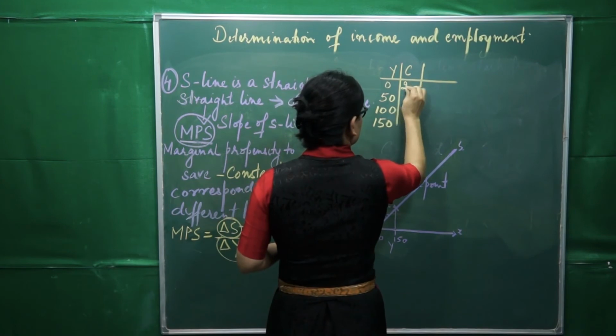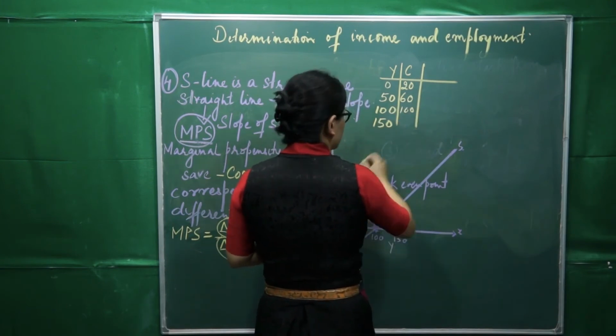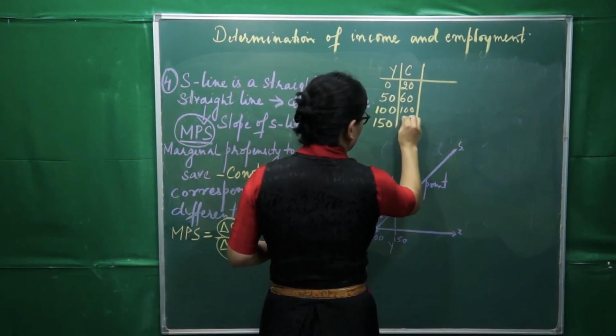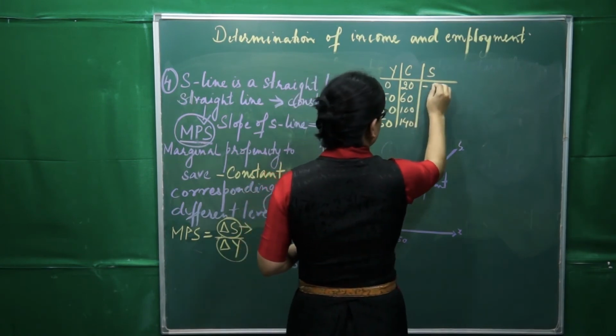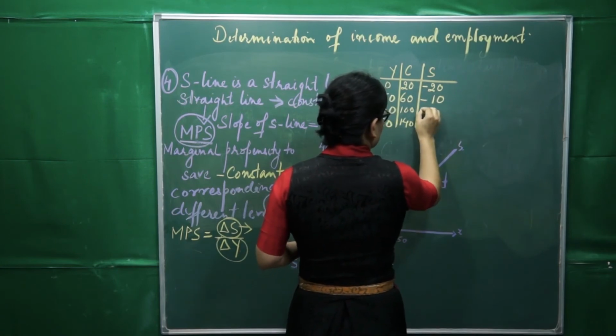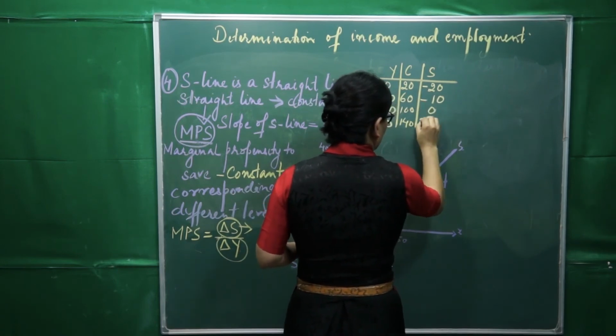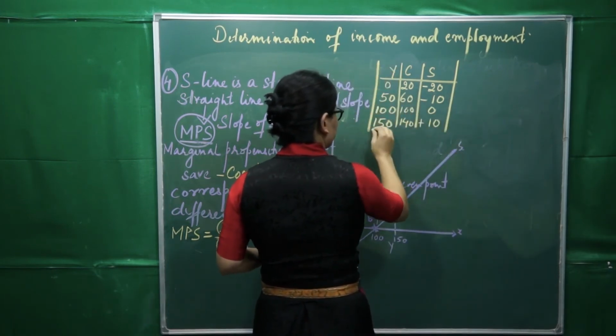C: 20, 60, 100, 140. Saving we have minus 20, minus 10, 0, 10. This is the schedule, right?